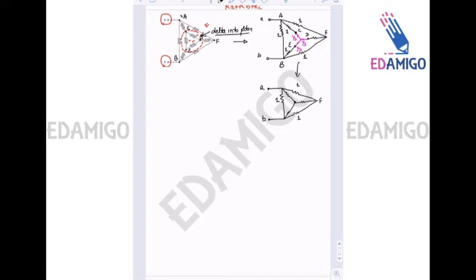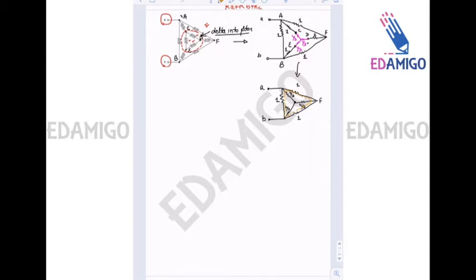These resistances of 1 by 3 and 1 are in series, so it is 4 by 3, 4 by 3 and 4 by 3. Now you can see that the combination of 4 by 3, 4 by 3 and 4 by 3 is in star combination. So you have to convert this star into delta.